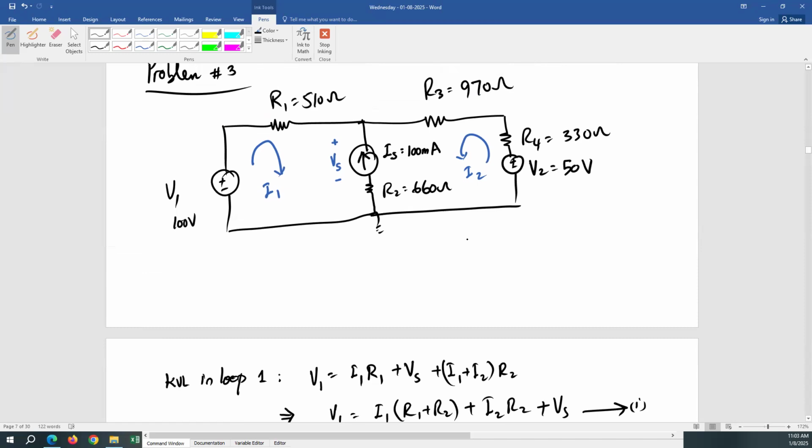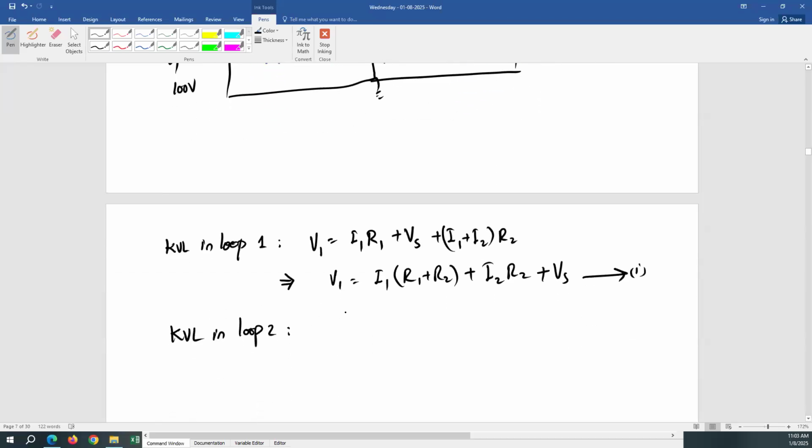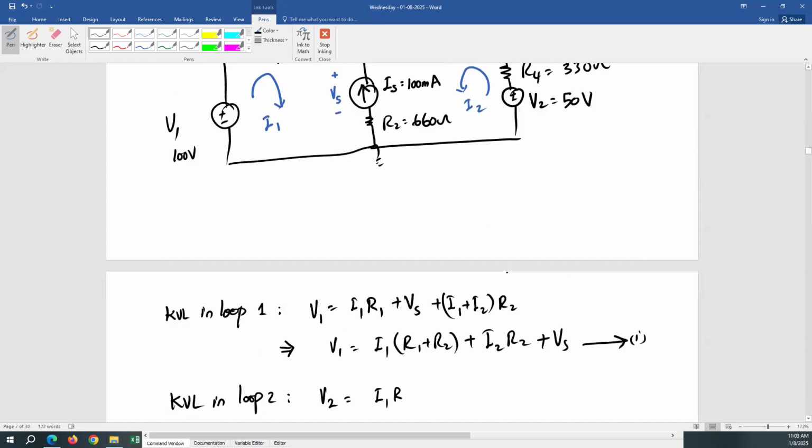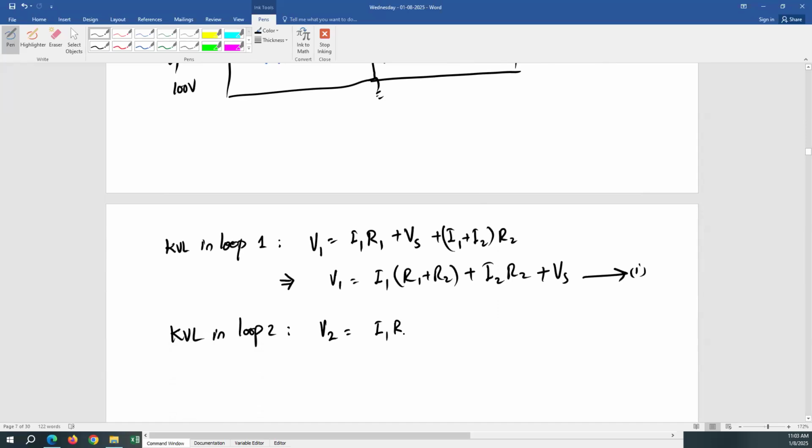So R2 plus R3 plus R4, and okay, very good. So V2 equals I1 times R2 plus I2 times (R2 plus R3 plus R4) plus Vs. And that is equation number 2.